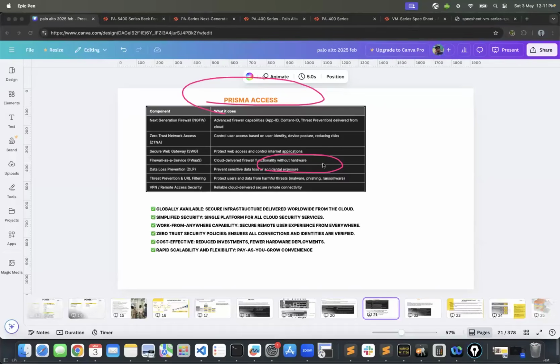Prisma Access, another flavor. These are the flavors. Prisma Access, you might have heard about this Prisma. So what is Prisma Access?